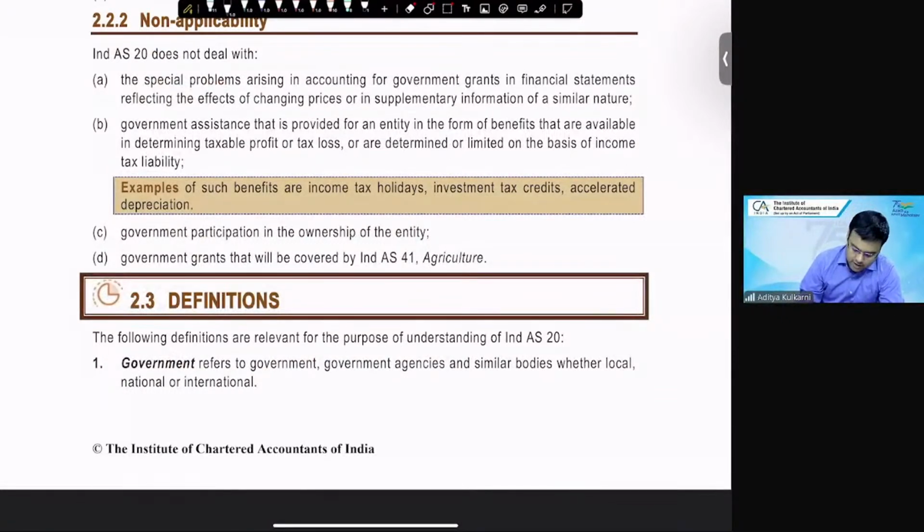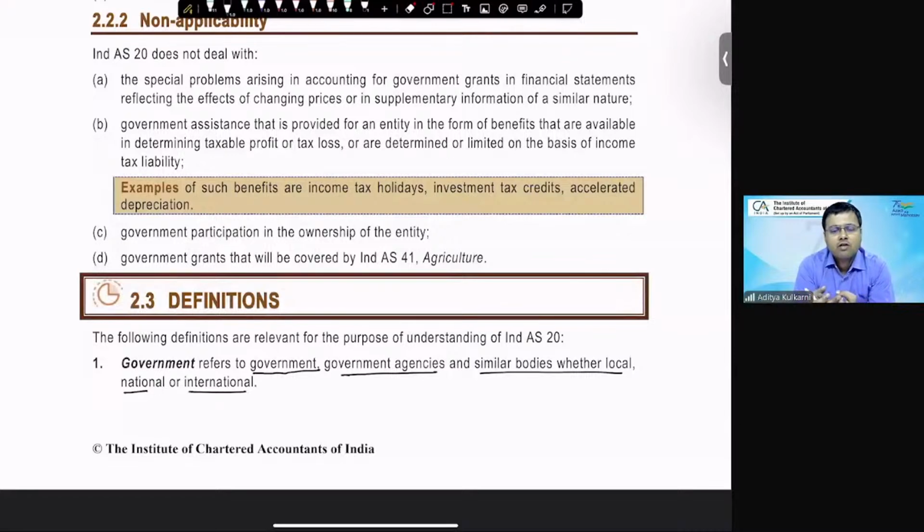When we talk about government, it refers to government, government agencies, and similar bodies, whether local, national, or even international. So it could include something like the central government, the state government.